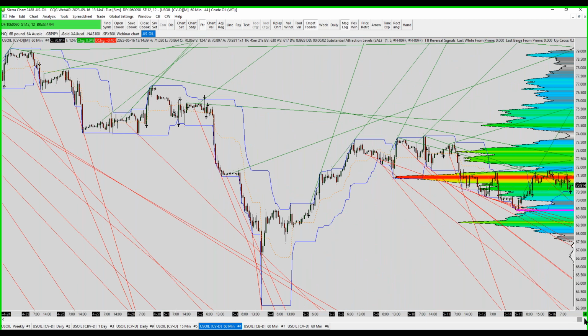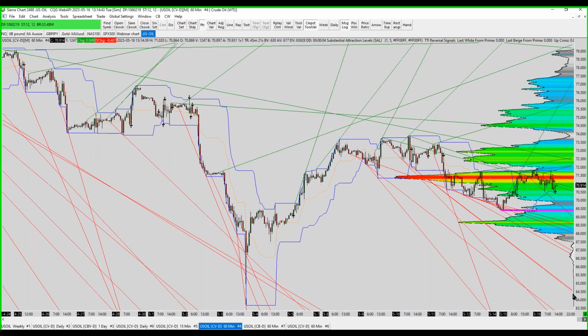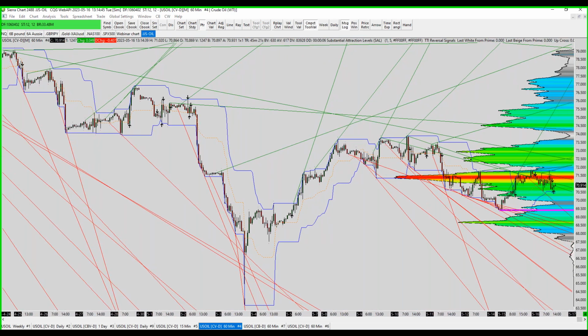So now going back, see how many times the market rejected this low volume area. And while it was rejecting it, the market was going through this area. It created a red area, we call it knife, we can also call it a point of control, right?